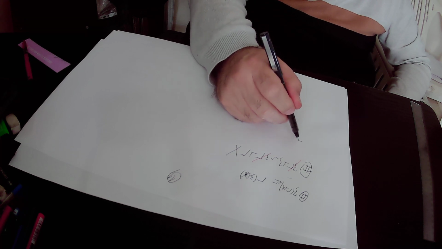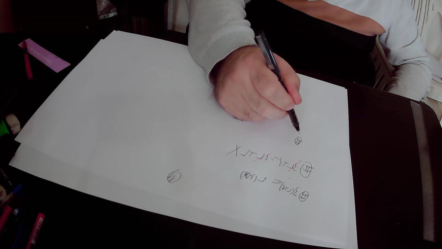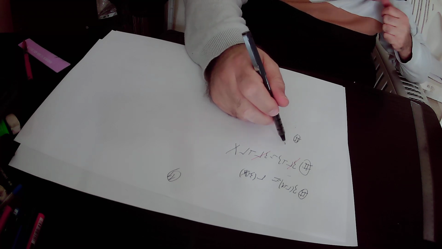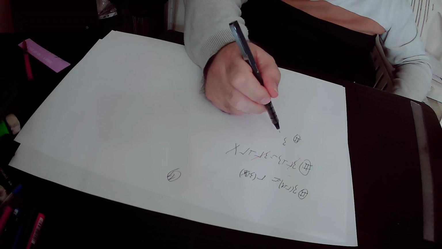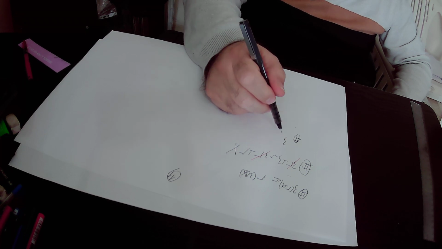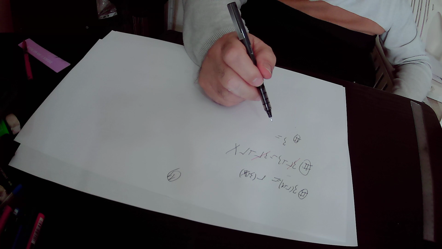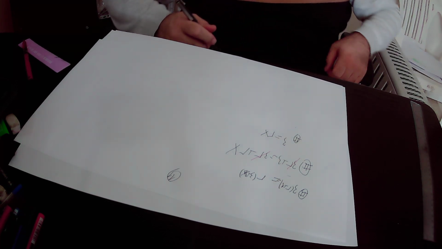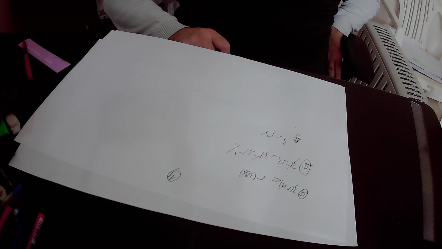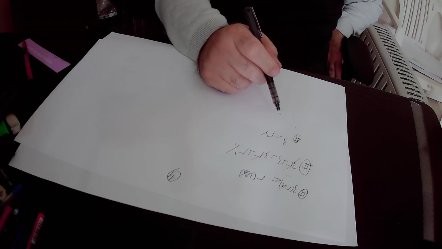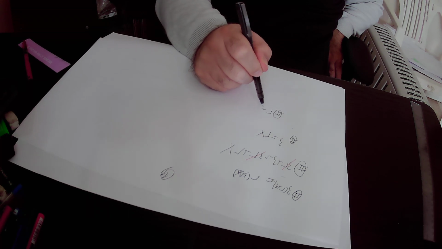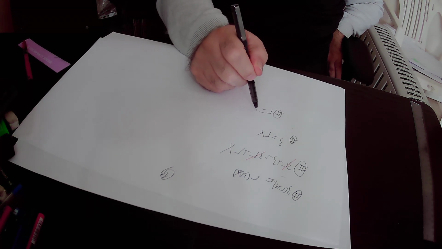What is left is actually 3 equals Rx. Here we will divide this equation by x, and we will get that R equals 3 over x.